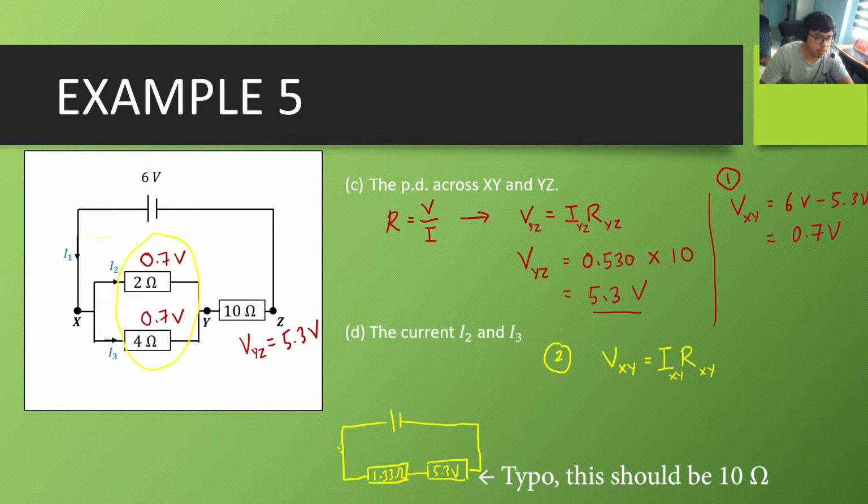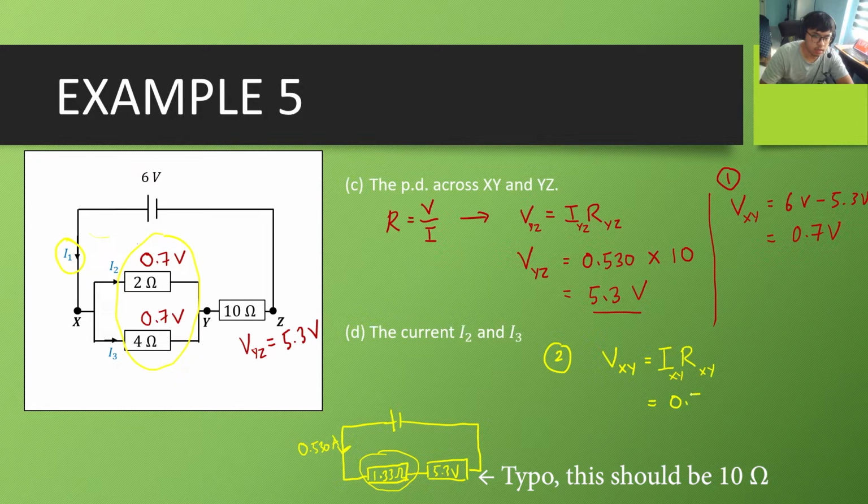Okay, and we know that the main current I1 is equal to 0.530 amps, and that is also the current, if you imagine the circuit to be like this, flowing through the combined resistor of the resistors in parallel. So now that you know that, you can use that to calculate.